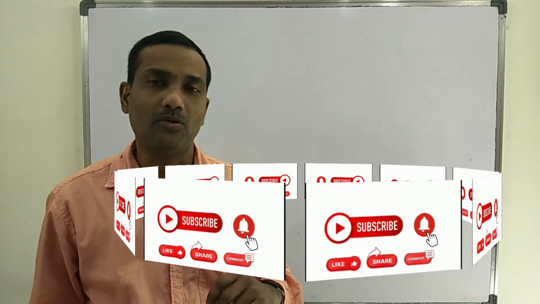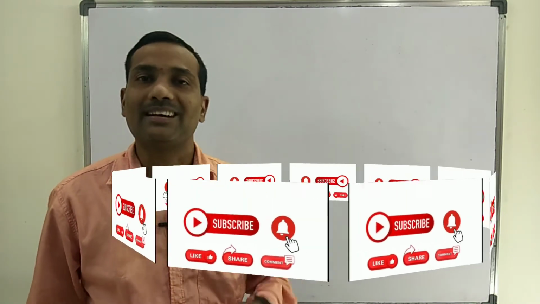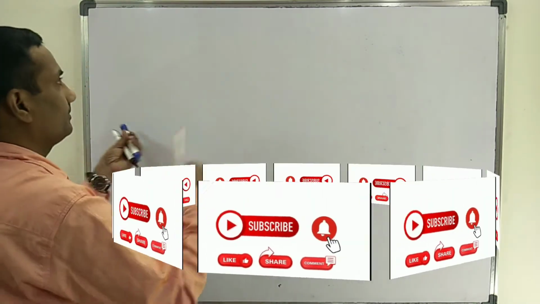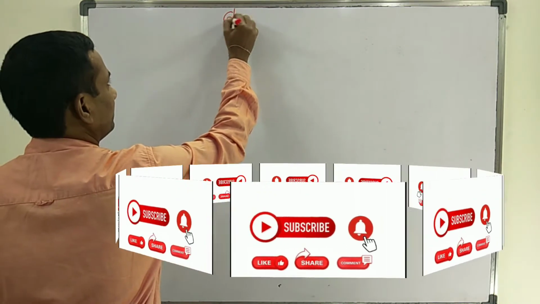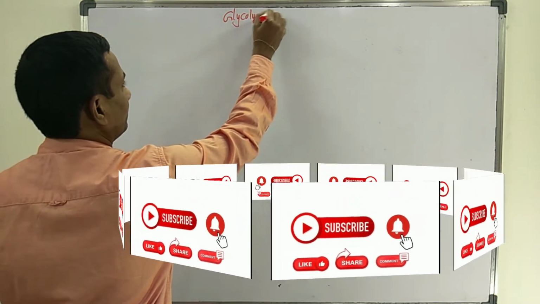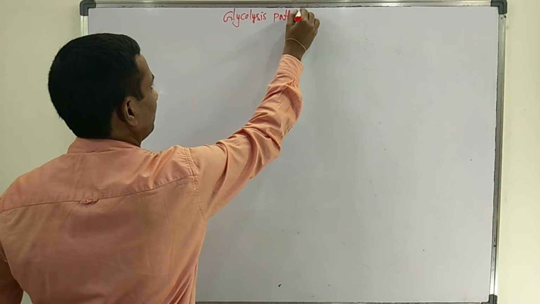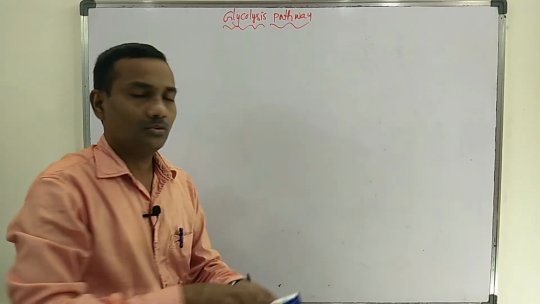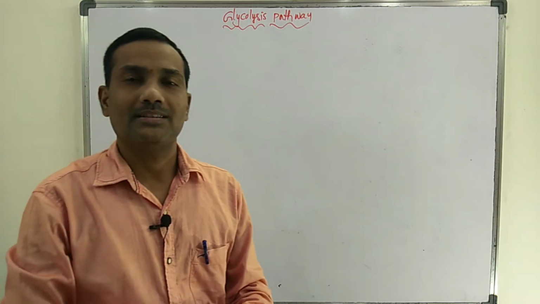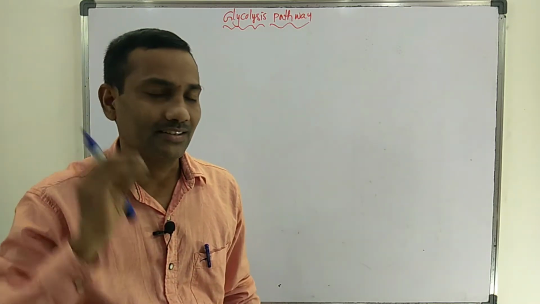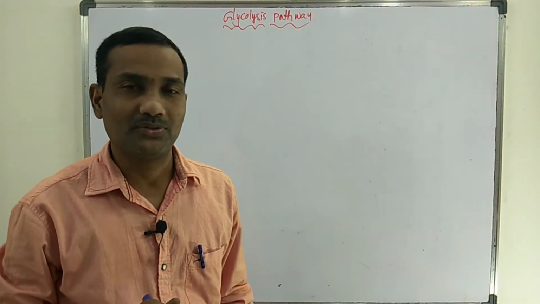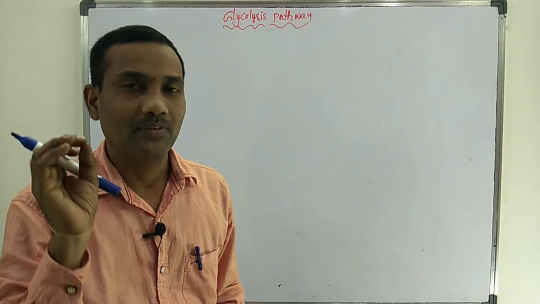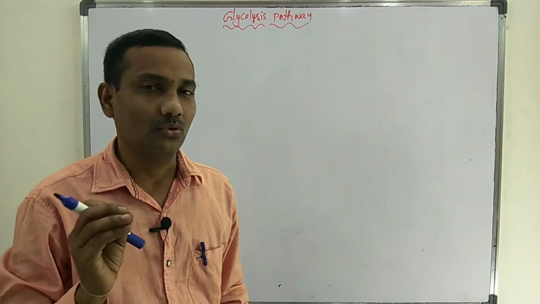Let's discuss detailed information about the glycolysis pathway. Total steps that occur in glycolysis: 10 steps. It is a partial oxidation of glucose.